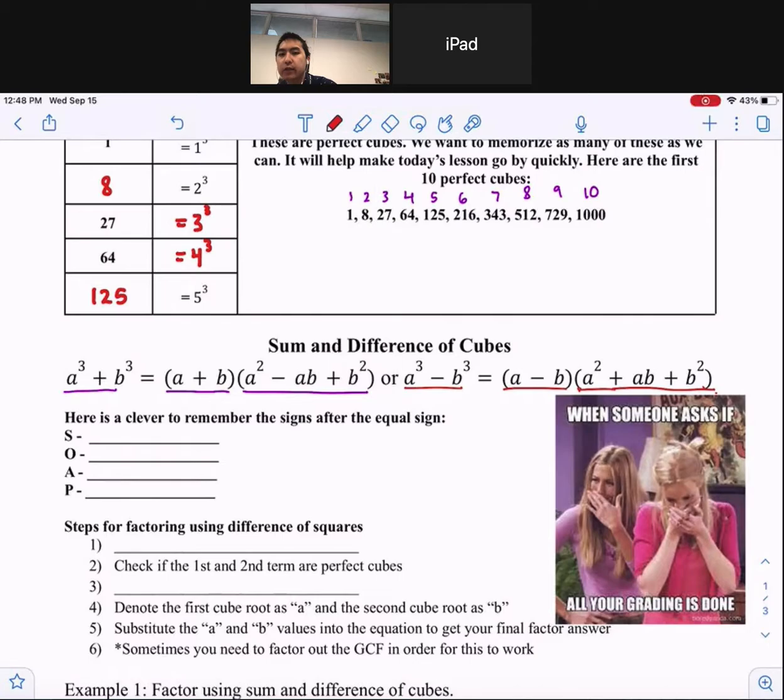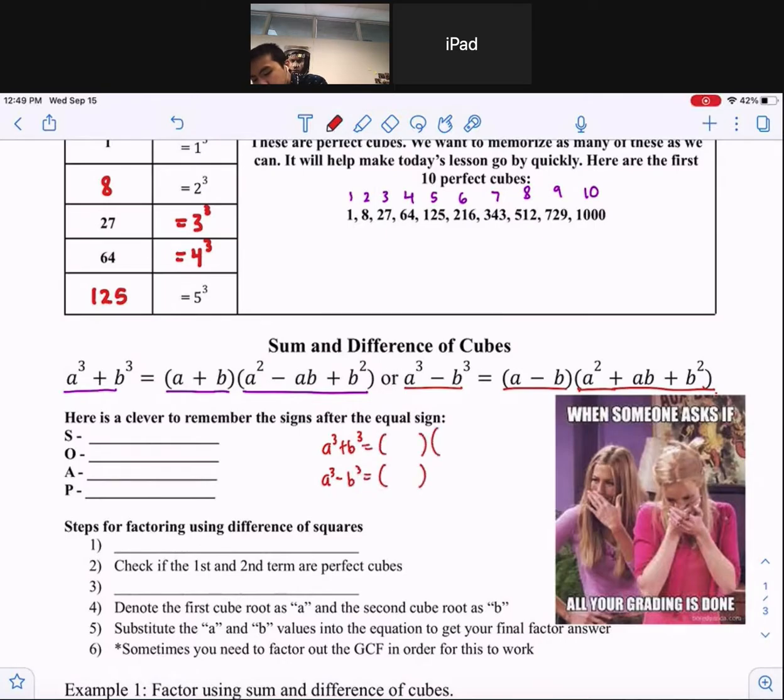This is something you do have to memorize, and if you memorize them, it's not too bad, because if you take a look, writing down both formulas.